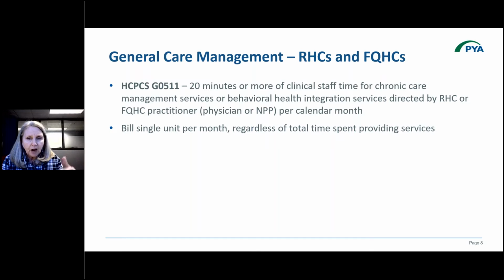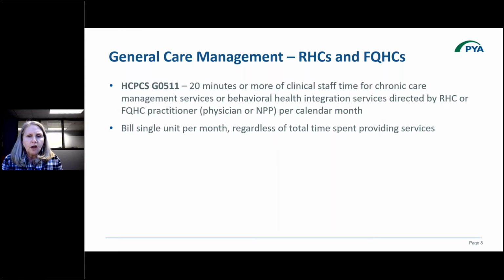And that encounter rate is limited to services that are defined as either RHC services or FQHC services. But to ensure that we could extend out care management services to the patients of these providers, CMS created this general care management code to provide reimbursement to these providers.